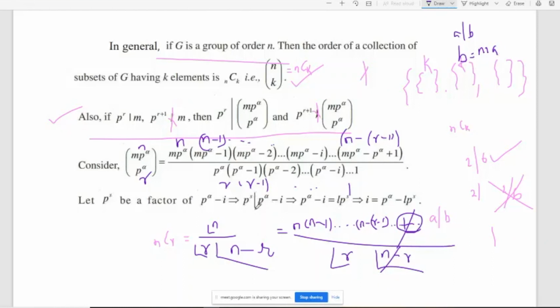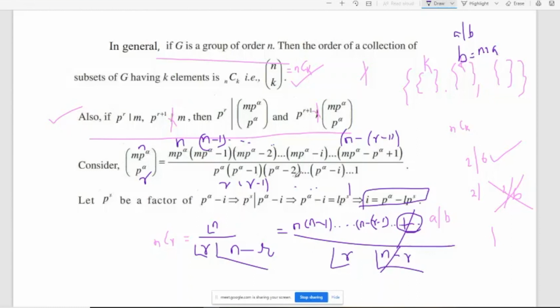So this is what we have. From here, you take this to the right side and bring this one to the left. So i is this, let it be. Now we shall consider the corresponding factor over here. If they don't have any common factors, very obviously my m and this one will behave as such.